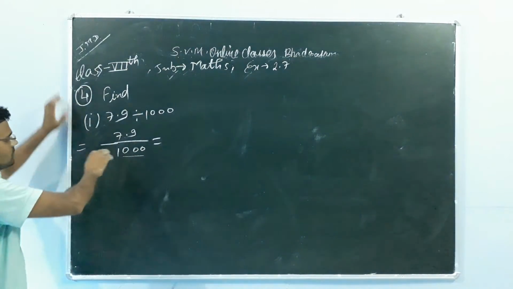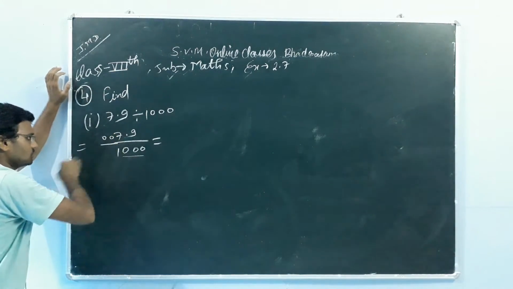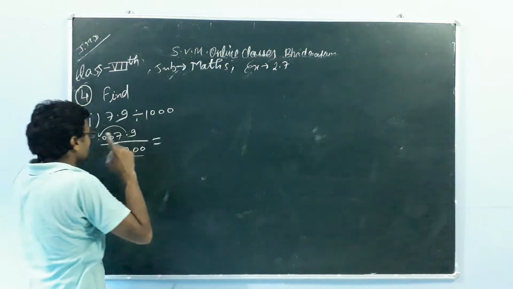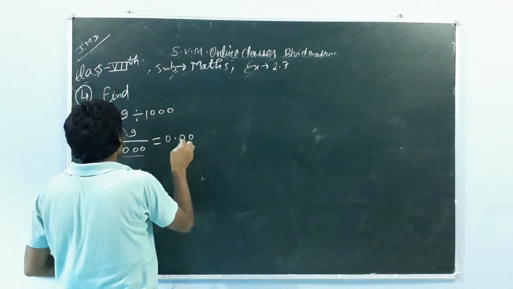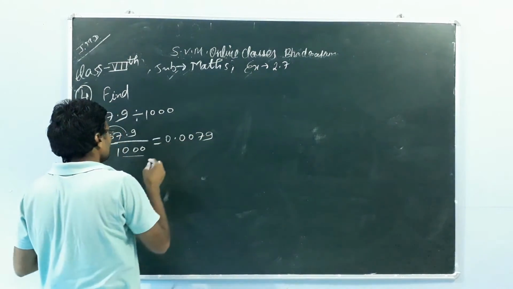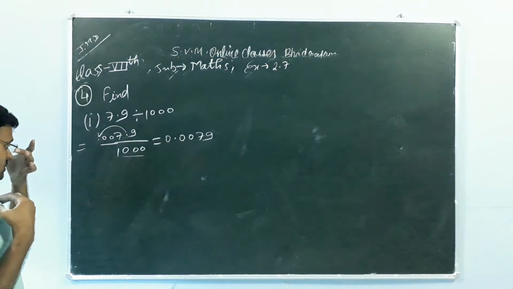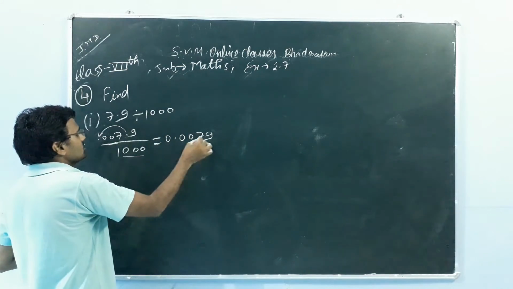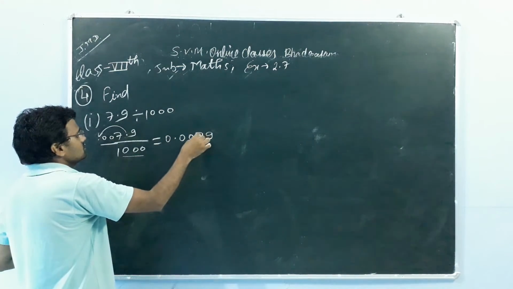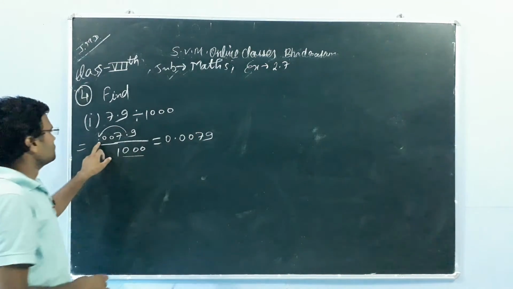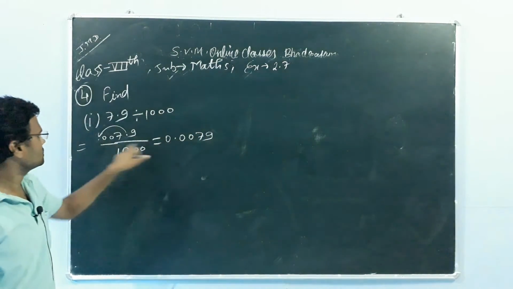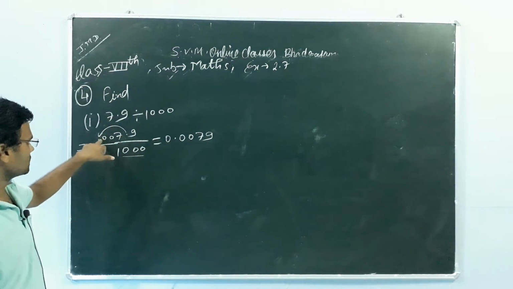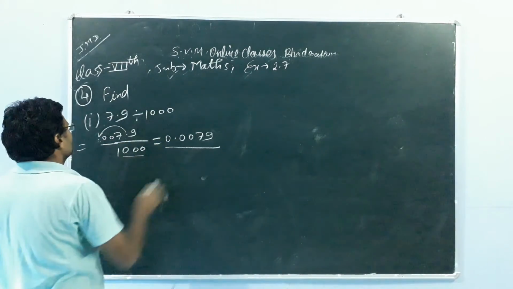Only 1 digit is here, so I have created 2 more. Now there are 3 digits and our point will come over here. So what we will get is 0.0079. The two zeros, then 7 and 9 will come over here, and this point has just jumped and come over here. I hope you all got it.